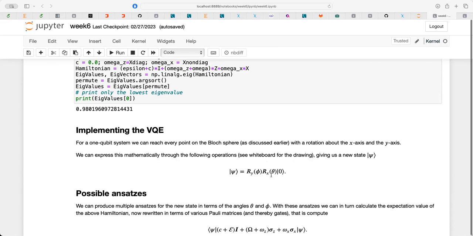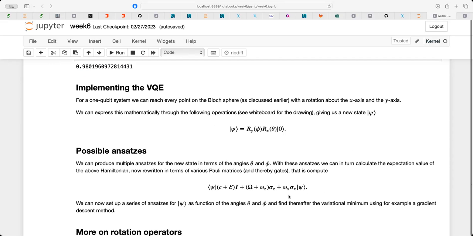Due to the mathematical form of the matrices, this is going to give us a linear combination of the computational state 0 and the computational state 1 when I act on these. And I have 2 parameters I can play around with.